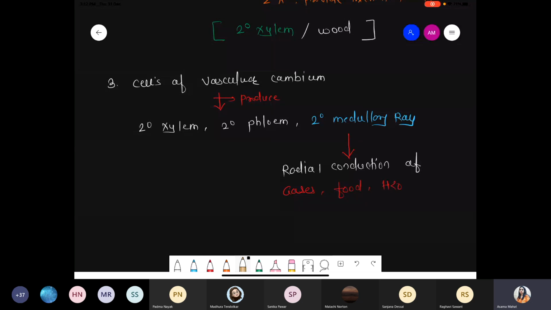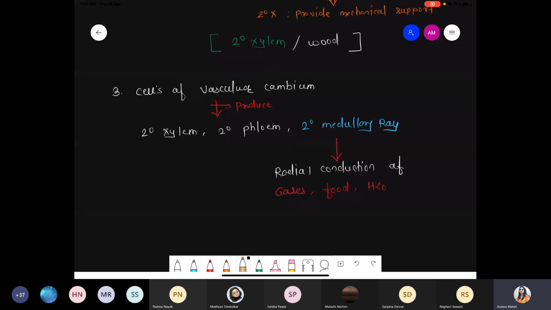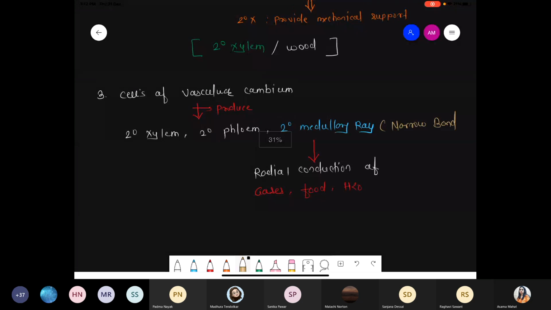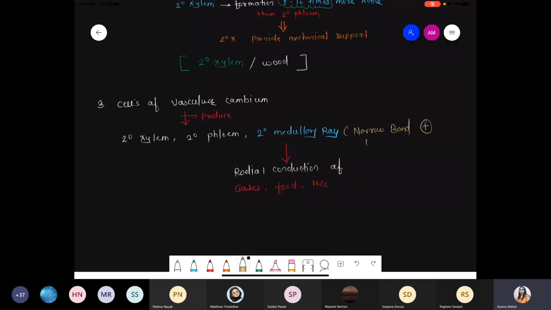Another point: when we are talking about the secondary medullary ray, they are present as a narrow band. We'll see this in the diagram. So medullary ray is basically nothing but a narrow band present between secondary xylem and secondary phloem.